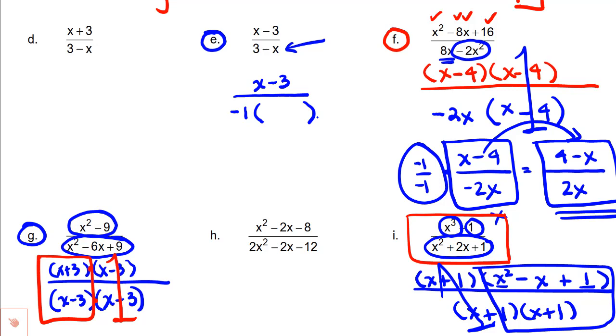And then how do I check factoring? I multiply, right? So negative 1 times what is a negative x? X. Is this the same as the negative x? And negative 1 times what is a positive 3? Is this a positive 3?